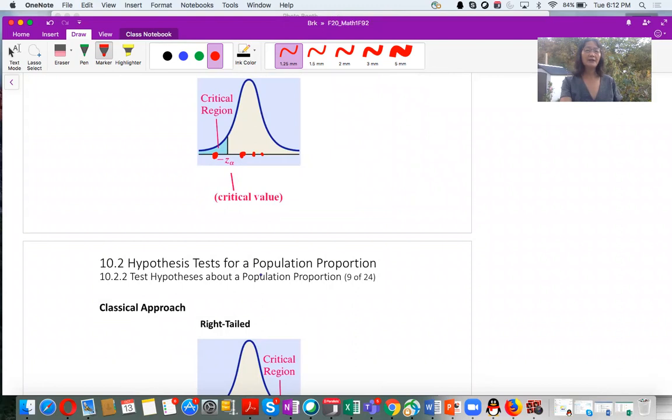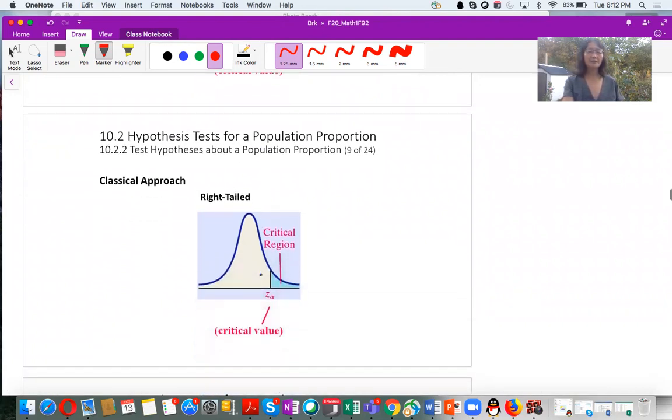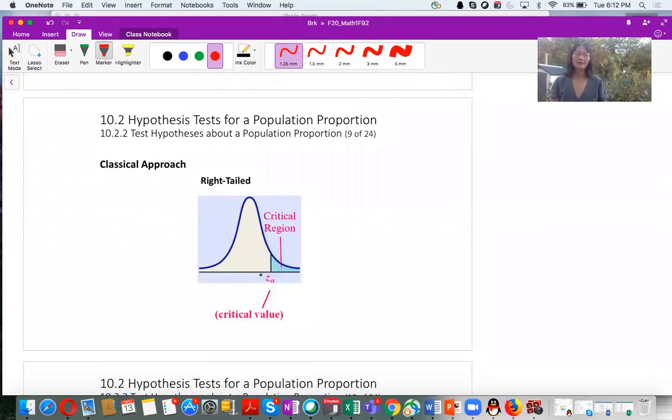If the test statistic is in the rejection region, you reject H0. If not, you do not reject. And this is the right-tailed situation. If your test statistic is here or here or here, you reject H0. If your test statistic is here, here, here, you do not reject H0.